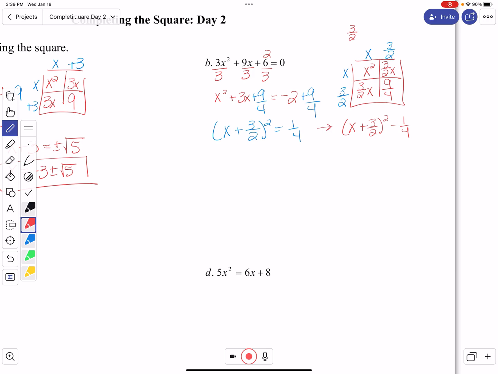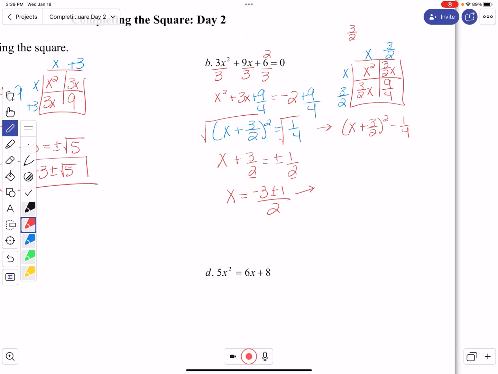But now when we solve, you just take the square root of both sides here. We'll get x plus 3 over 2 equals plus or minus the square root of 1 is 1, square root of 4 is 2. Now, they both have 2 for denominator, so I get x equals negative 3 plus or minus 1 over 2, because I can write it as one fraction. 3 becomes negative because I moved it to the other side.